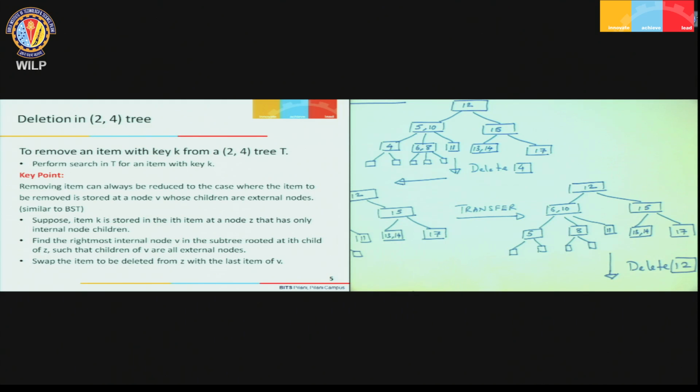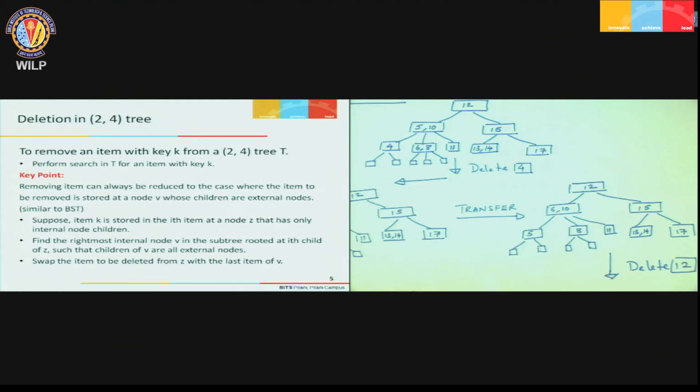So, let us try to delete 12 from the 2,4 tree. Now, 12 is present in an internal node whose children are also internal nodes. So, we look at the rightmost internal node in the subtree rooted at the ith child.